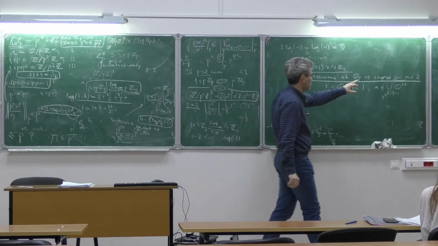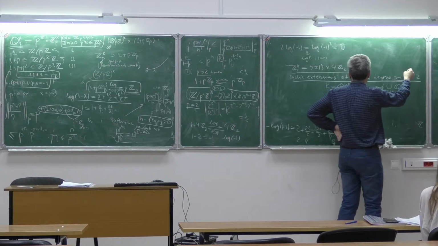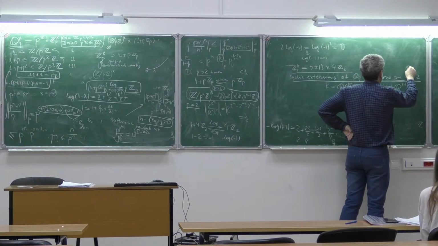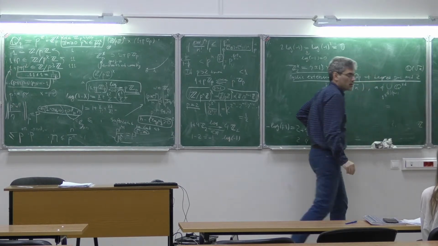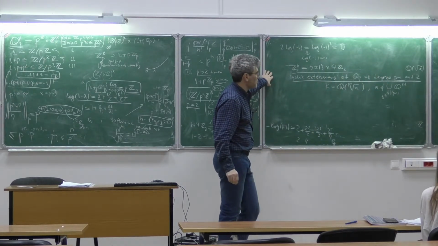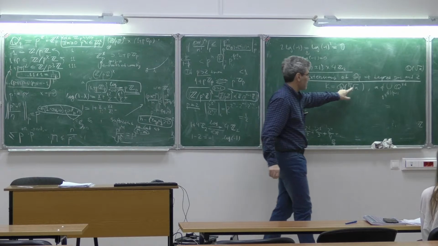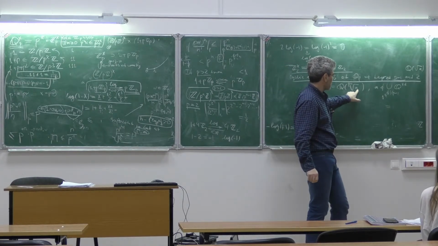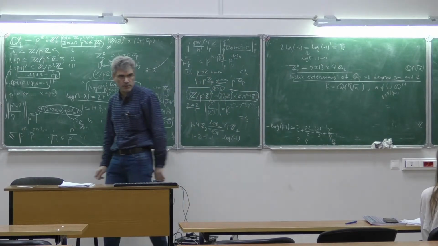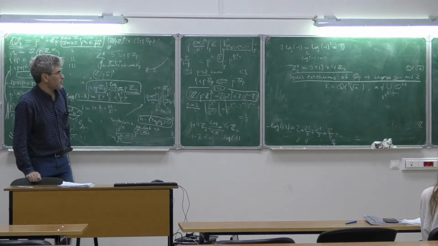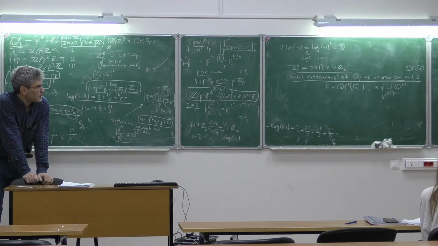Or in the case of degree 2, you just take the square root of a. But the question is, you see that it may happen that you take different a's and you get the same field extension. So how many different cyclic extensions of Qp can you get this way?